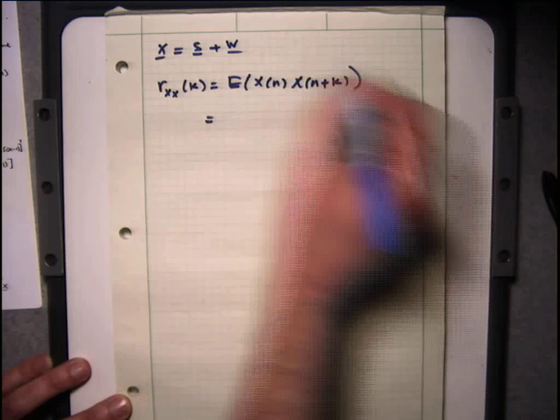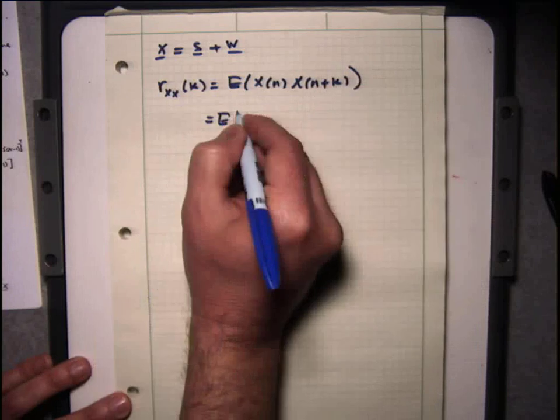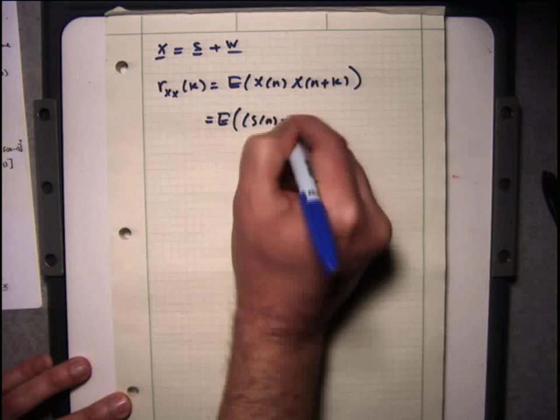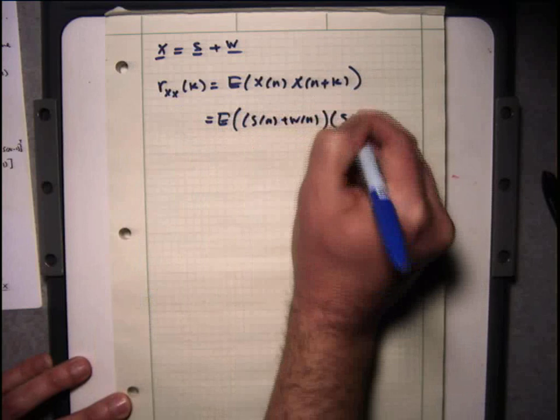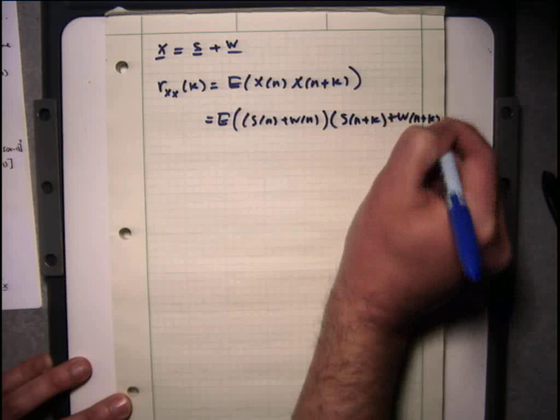So if I plug in the various different terms in here, x of n is s of n plus w of n, times s of n plus k plus w of n plus k.